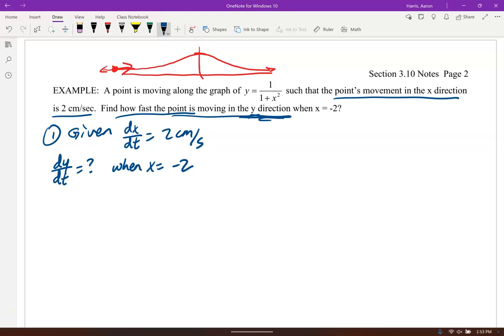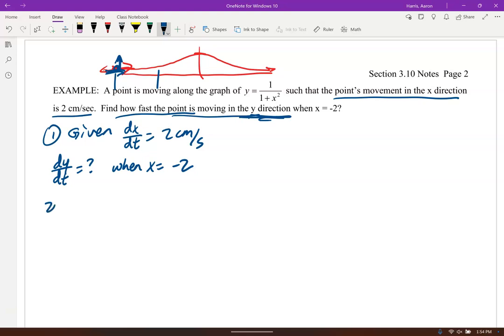What's dy/dt when x is -2? Okay. So if I'm looking at this visually, if this is -2, I'm moving 2 centimeters per second in the horizontal direction. What am I moving in the vertical direction right at that moment, when x is -2? That's kind of what it's saying here.